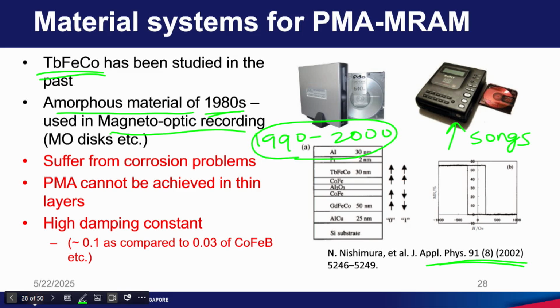So this is a music player where we insert this disc. This disc can store songs lasting 74 minutes. So this disc is called a magneto-optic disc. This is a magneto-optic disc for storing information like computer data.